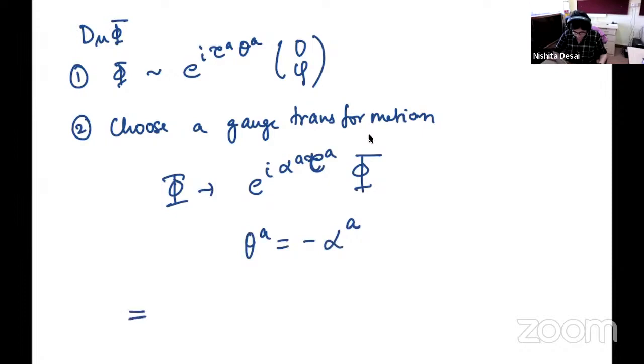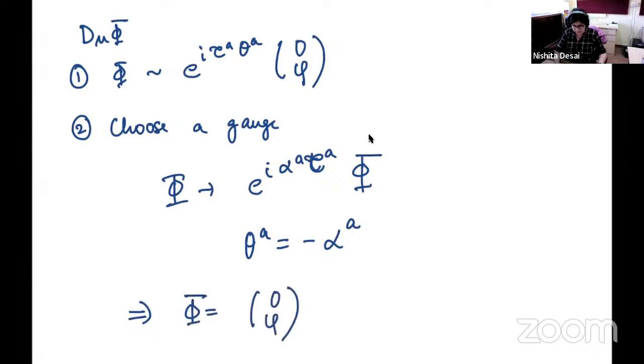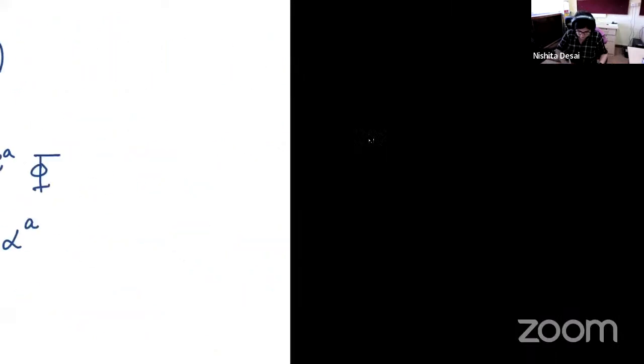Which means that in this gauge, actually not a gauge transformation, choose a gauge, so in this gauge, essentially you have your phi is simply 0 and phi. Okay? So in this very simplified gauge, we can write down what that looks like.